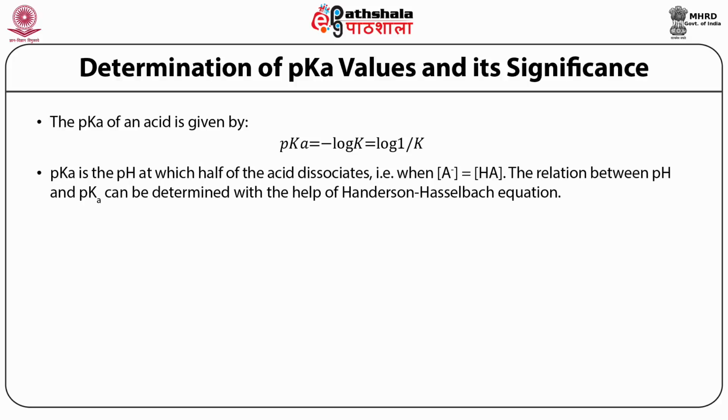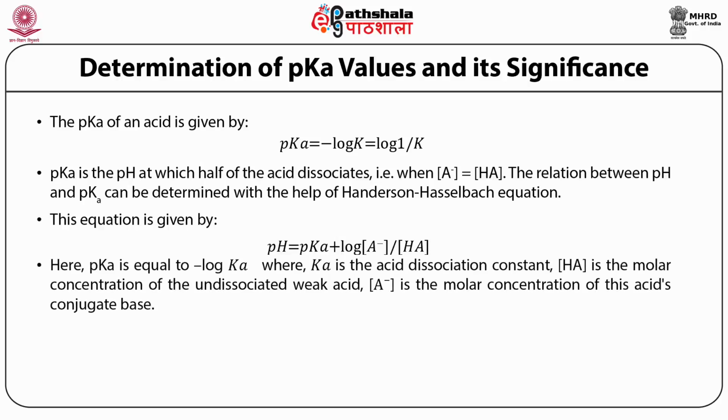The relation between pH and pK, as well as ionization, can be determined with the help of the Henderson-Hasselbalch equation, which is given as pH equals pKa plus log of conjugate base divided by conjugate acid.